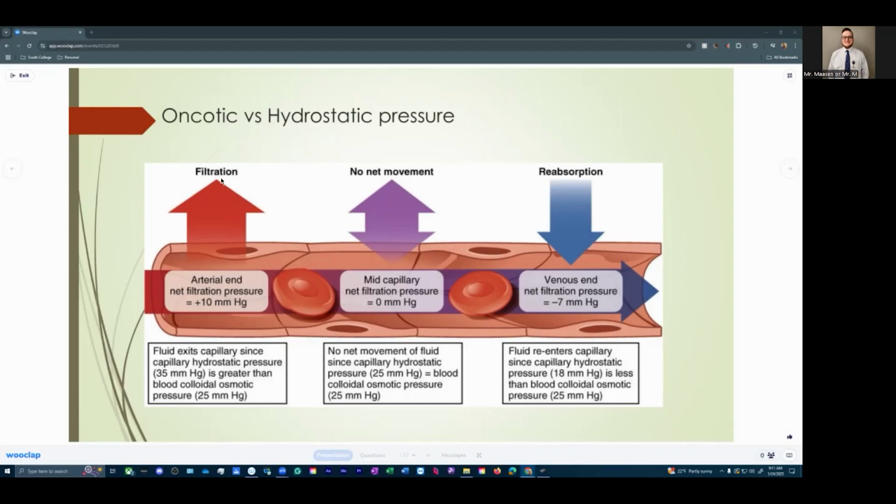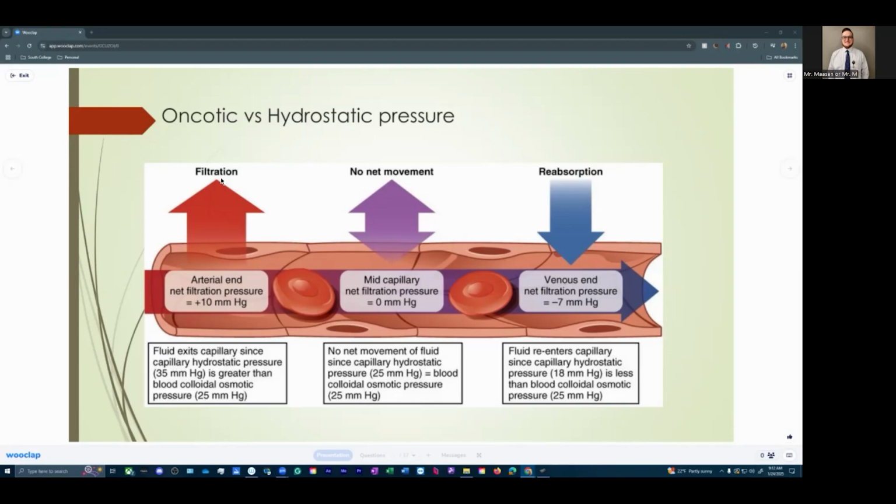Filtration is just the movement of water and solutes from areas of high hydrostatic pressure to low hydrostatic pressure. So think high hydrostatic pressure in blood vessels because of the heart pumping against the arteries especially, and then low hydrostatic pressure in the tissues. So basically, hydrostatic pressure is greater than the colloidal osmotic pressure.